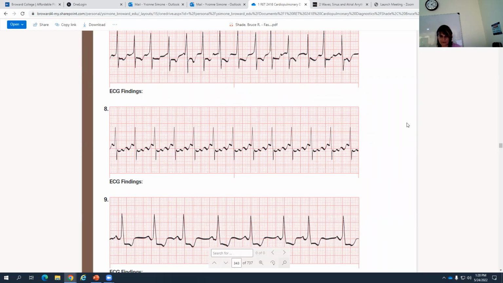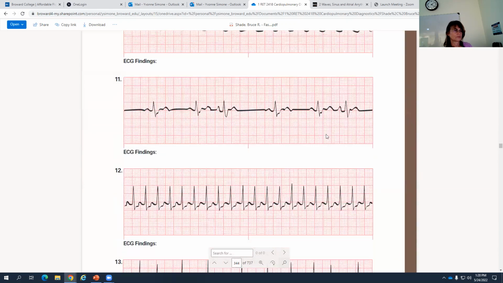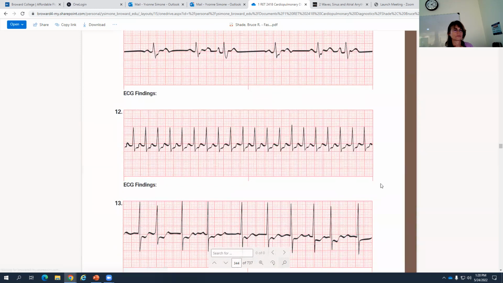And then page 315, number 12. Does everybody agree?